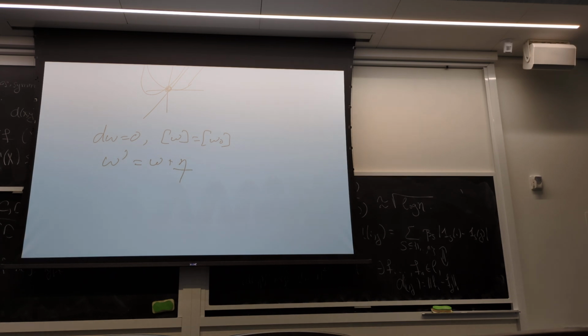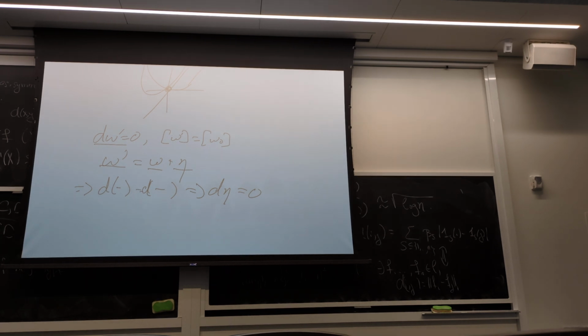So eta can't be arbitrary because we need that d omega prime is equal to 0. Since d omega is already equal to 0, if we take d of both sides, we get that d eta is equal to 0, because we want d of this to be 0, and d of this is already 0.